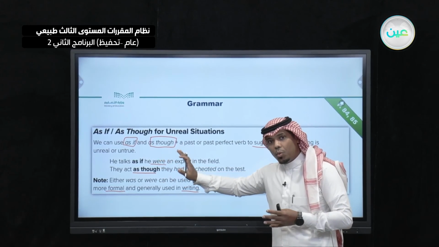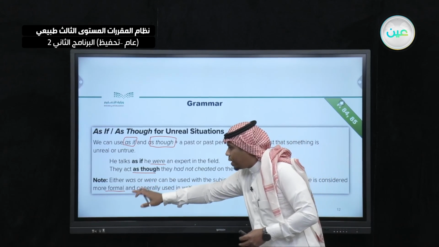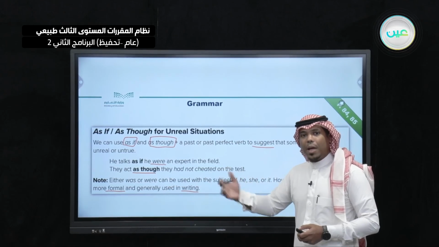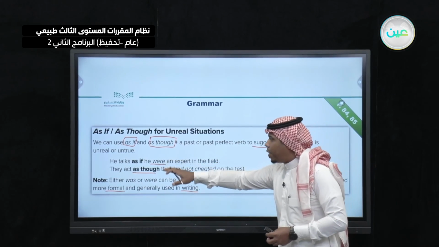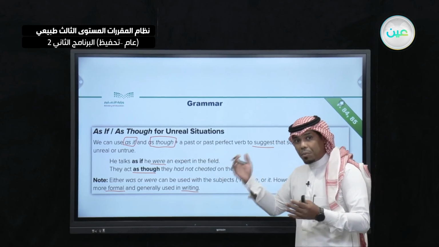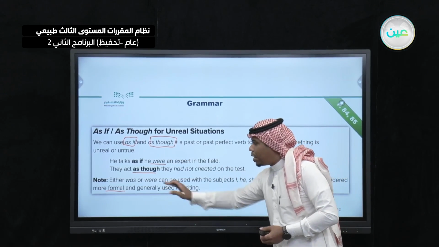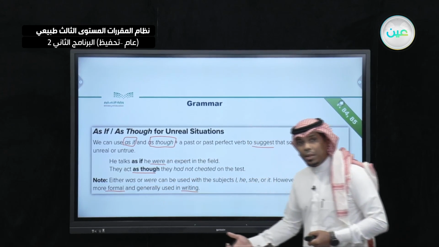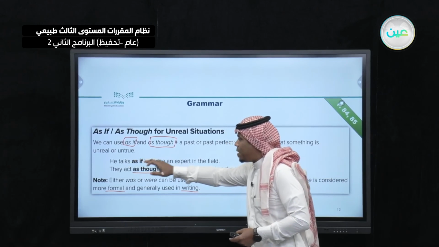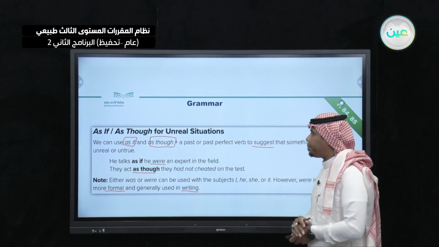It's okay when you say, for example, as if he was an expert, but in writing and more formal contexts, were is used, as you can see here: he talks as if he were an expert in the field. Okay, good.